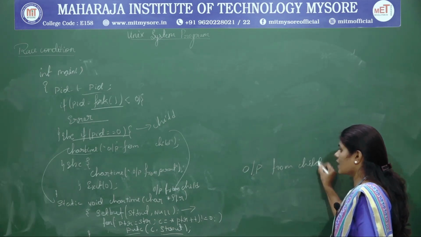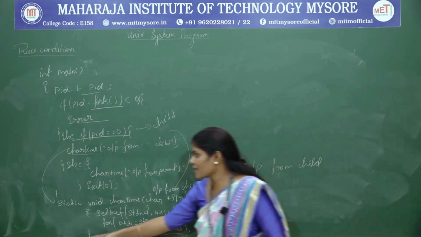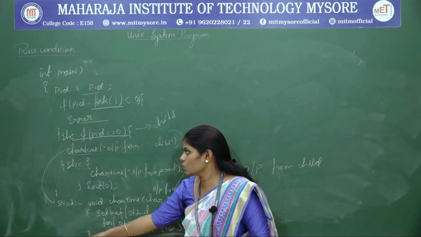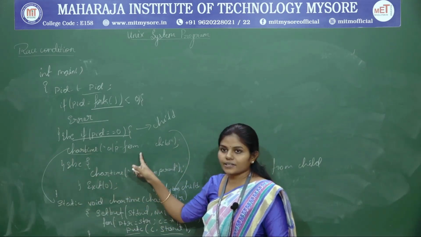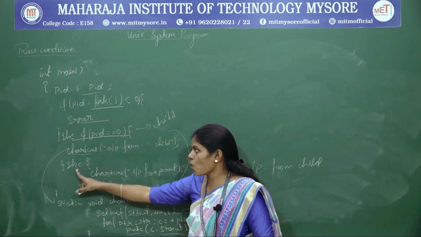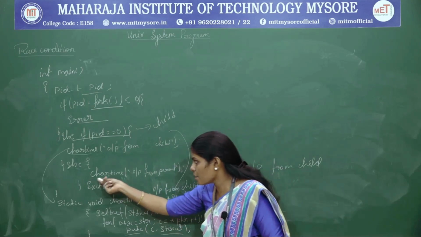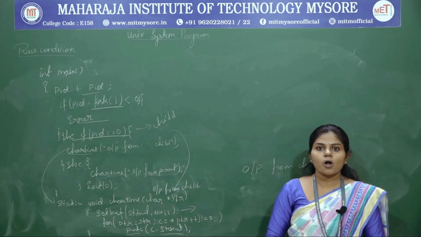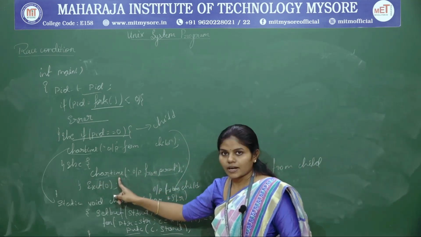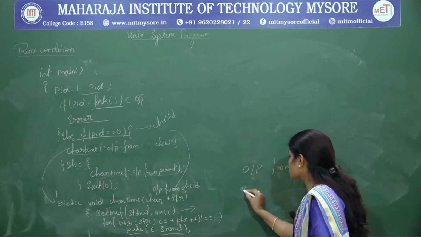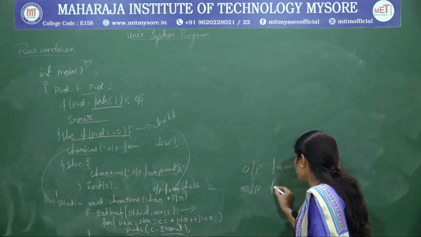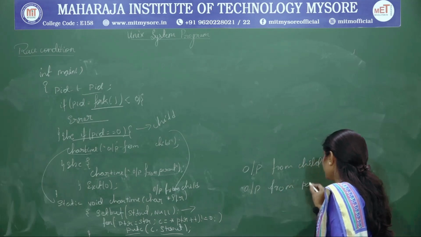After completing this execution it will go back to charatatime and go for else. If the child is not created, then what happens? The parent is going to call charatatime, and in that case it is going to display "output from parent", right?